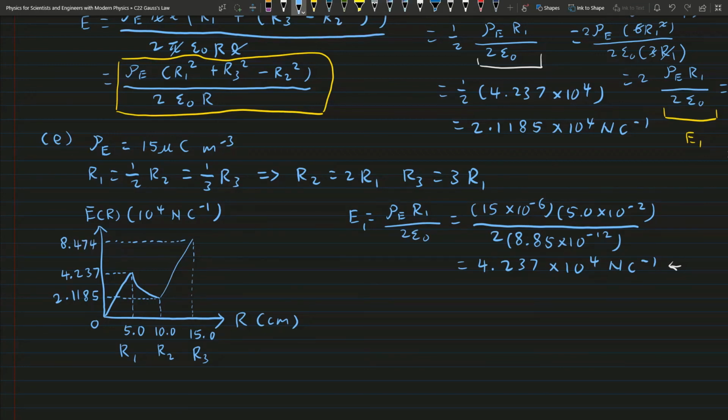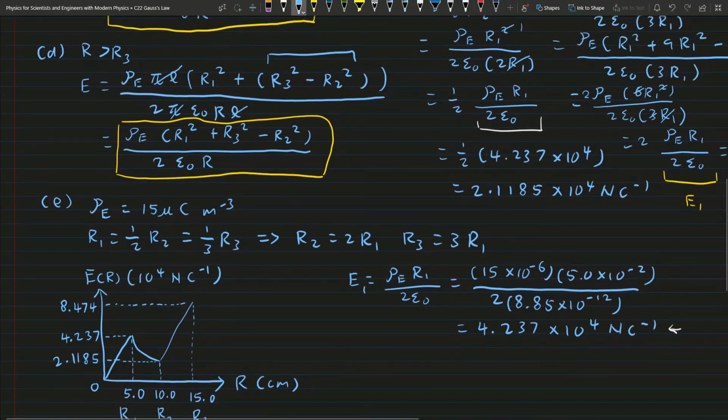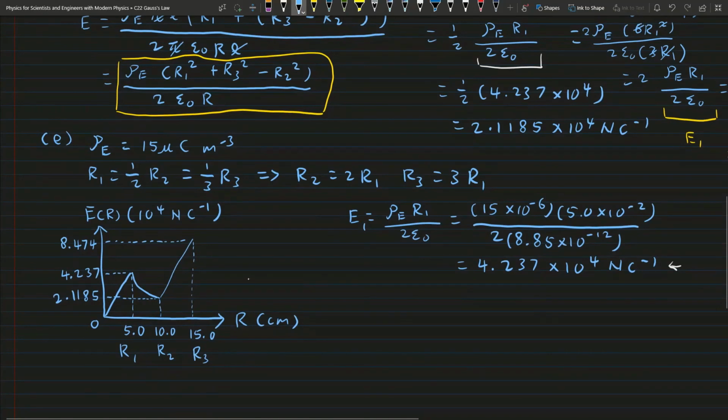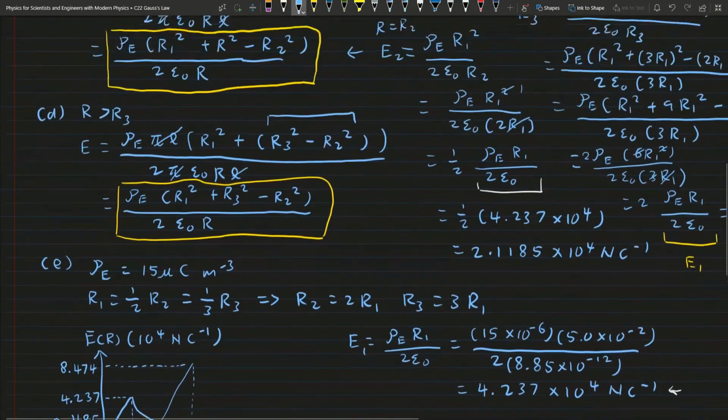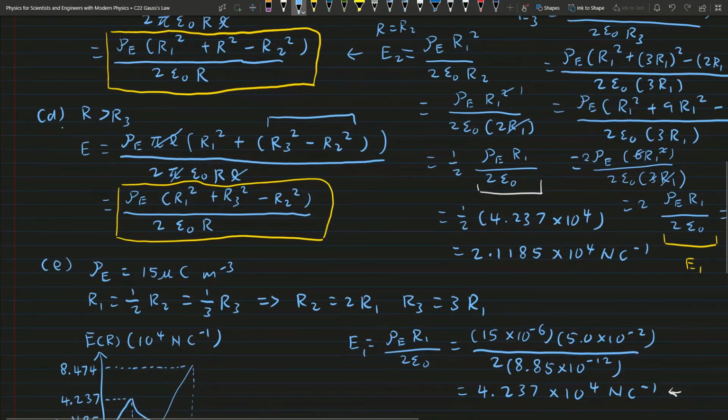And now until here this is R3. So let's say here is 20 cm and you can see after R reaches R3 we need to follow the D here, which is R greater than R3.